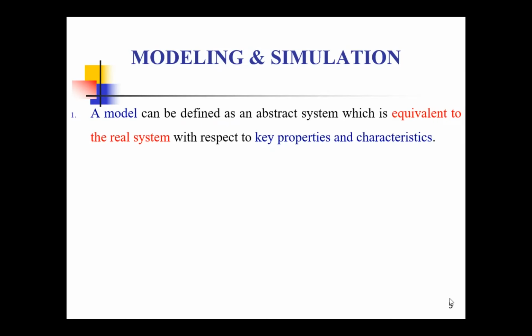Likewise, it has some creep properties. So that should be included into the realistic model. Then only the real system will be converted into a model. So we should incorporate all the key properties and characteristics into the model.